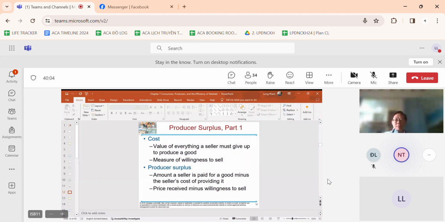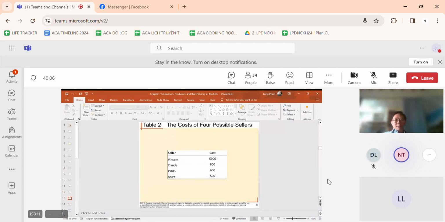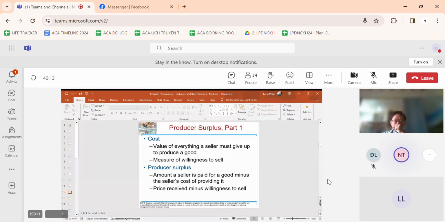For example, if sellers want to receive 20 million dollars, and the cost they have to pay is 15 million dollars, then in this case the producer surplus is 20 million dollars minus 15 million dollars, equal to 5 million dollars. So the next slide, please.